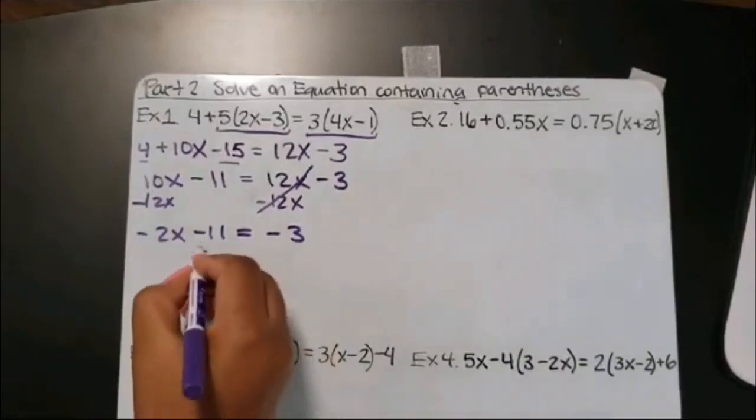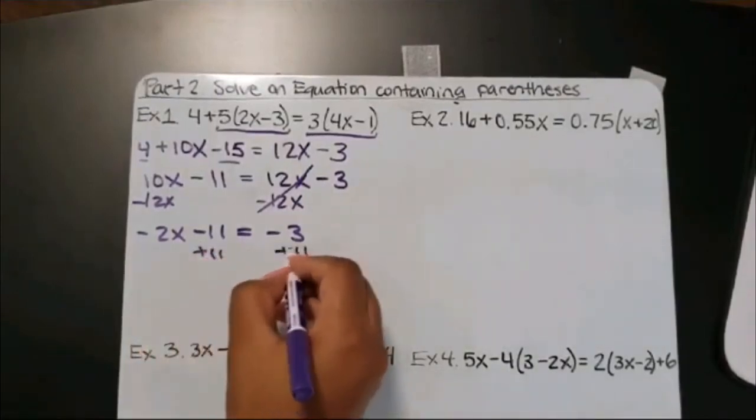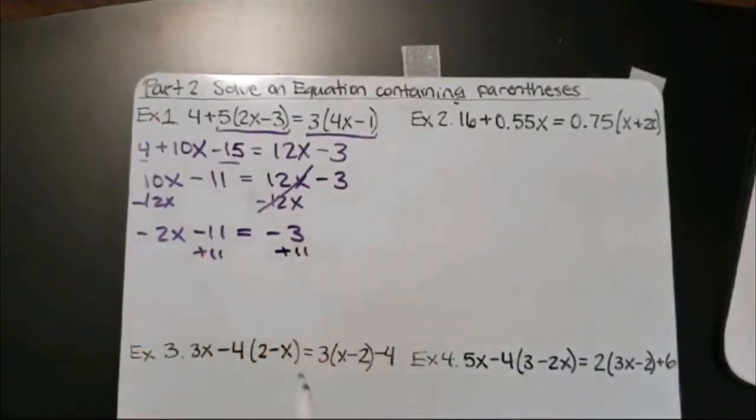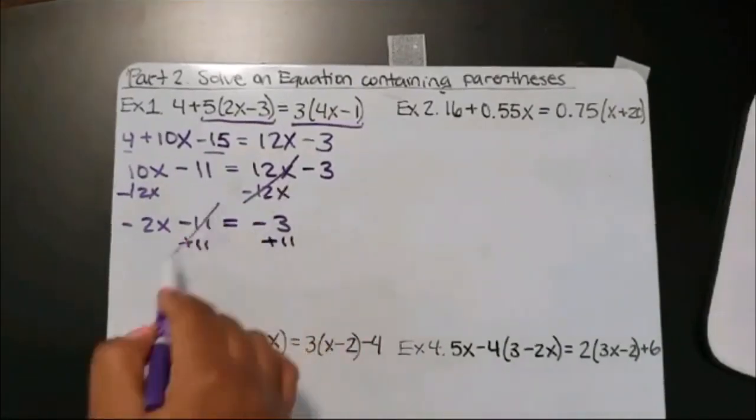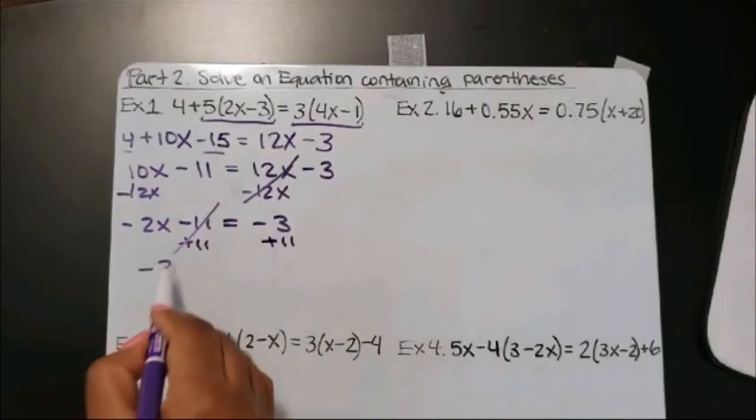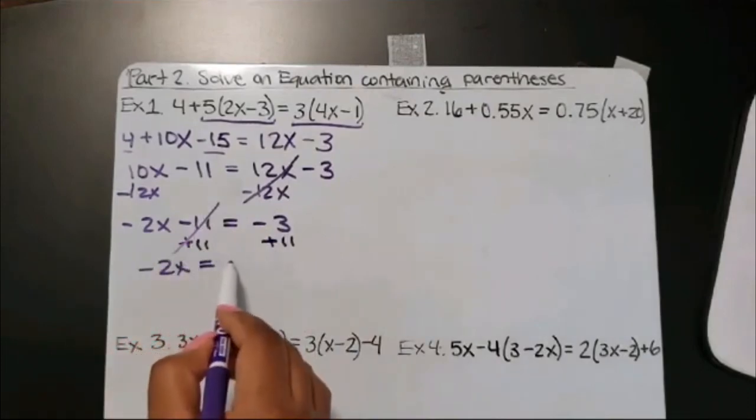Then we can add 11 to both sides. All right, remember we're doing the opposite of our operation. And we have negative 2x equals 8.